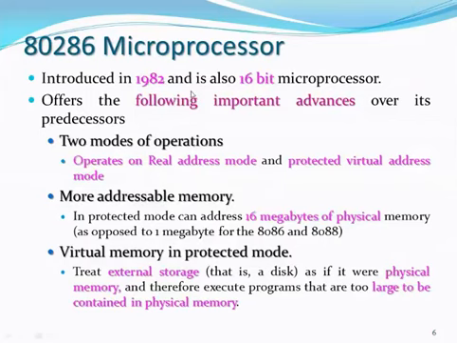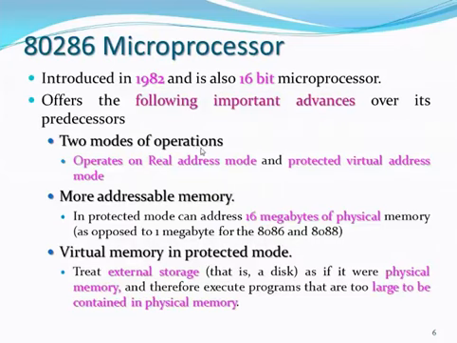In 1982, and it is also a 16-bit microprocessor. We have seen that the IBM PC is a 16-bit microprocessor, right? So it is also a 16-bit microprocessor and offers the following important advances over its predecessor. What are the following updates with the 80286? So look here.